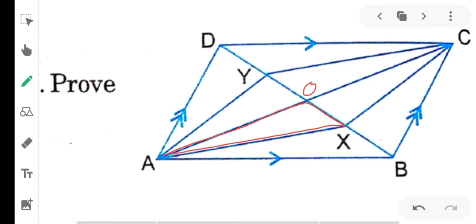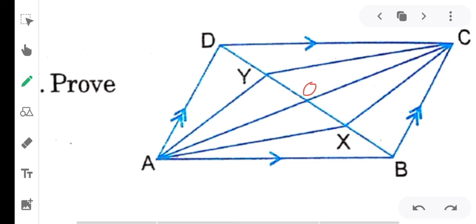Here, in triangle AOX and triangle CYO, AO equals CO because the diagonals of a parallelogram bisect each other and ABCD is a parallelogram.